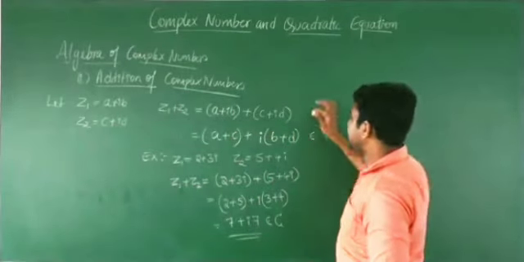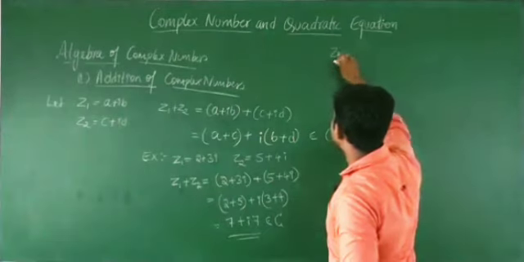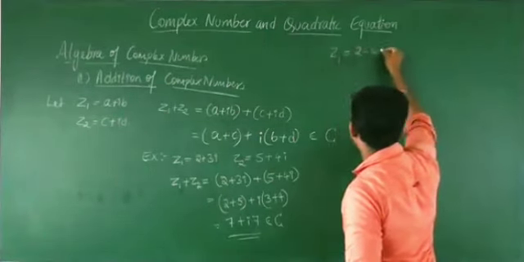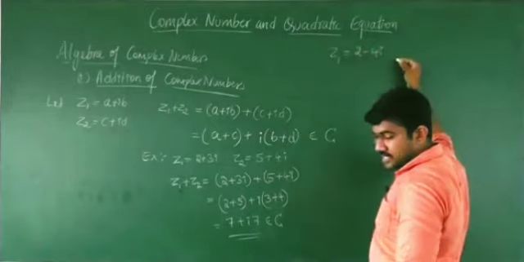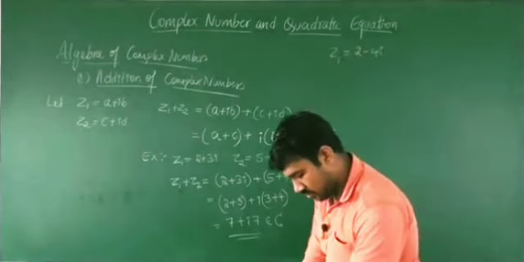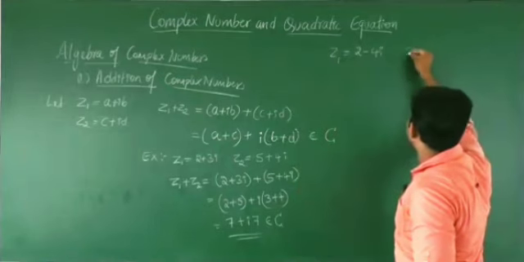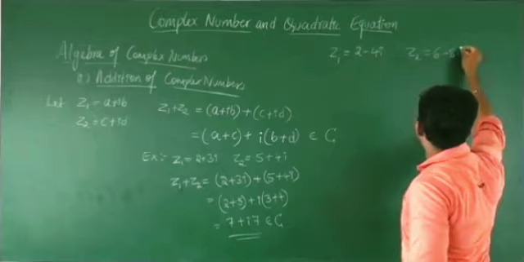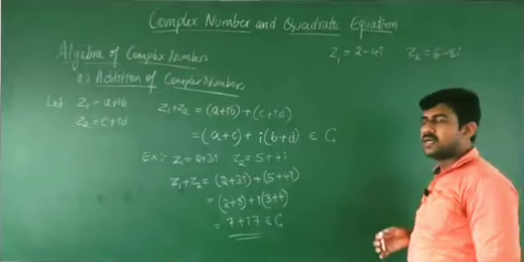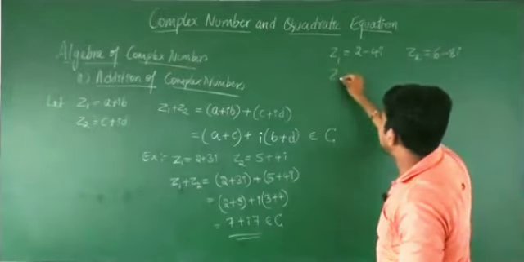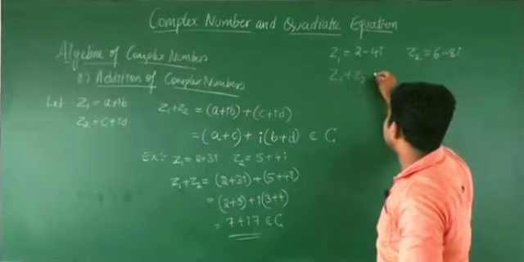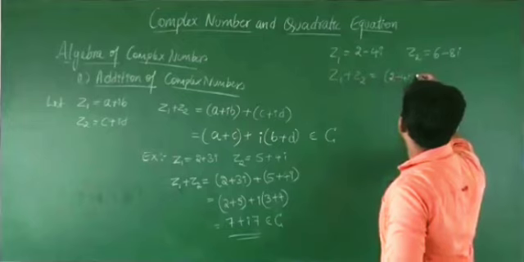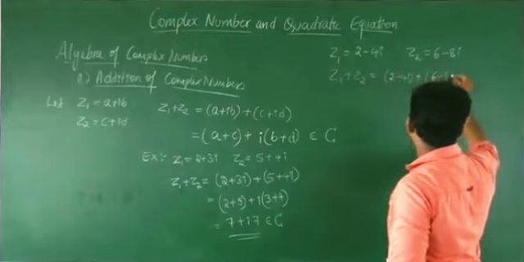Similarly, consider another example, Z1 equal to 2 minus 4i and Z2 equal to 6 minus 8i. Now when adding two complex numbers, Z1 plus Z2 is 2 minus 4i plus 6 minus 8i.